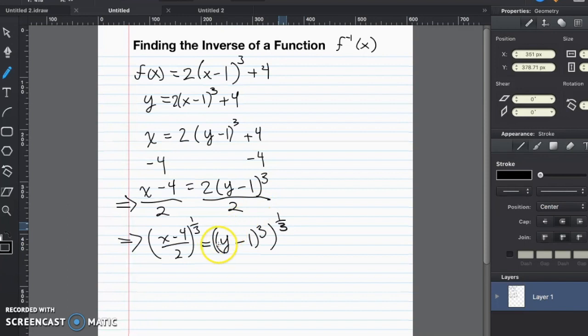And again, if you're not understanding any steps, make sure you're writing a little something in the margin to indicate that you need to ask me about that later. For right now, just solving for y. Right now I'm canceling out this exponent here with this 1/3.